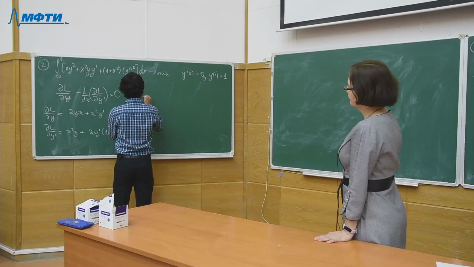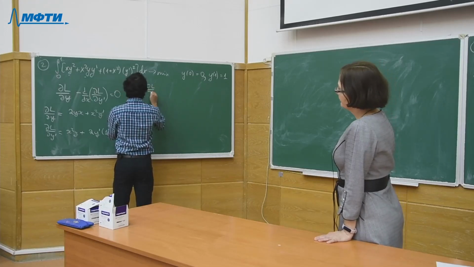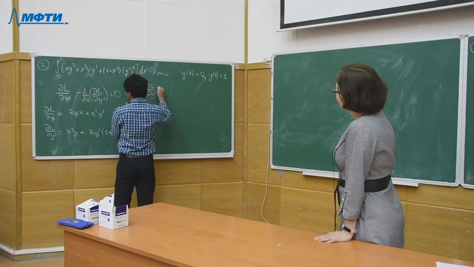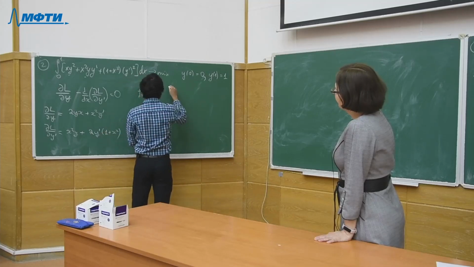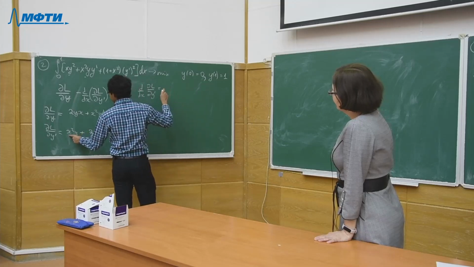Then d over dx of this is the full derivative of this.